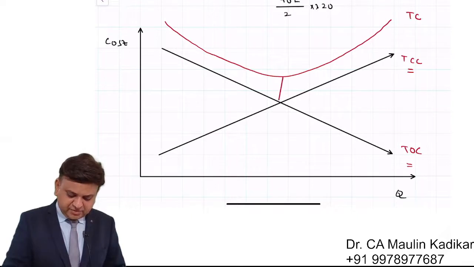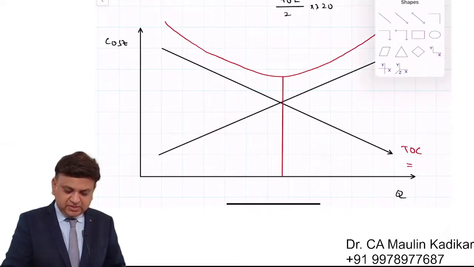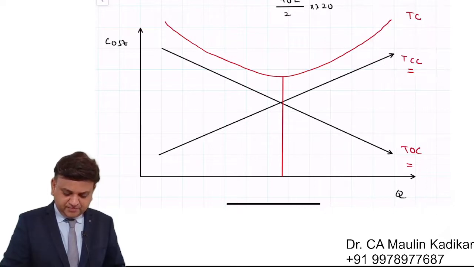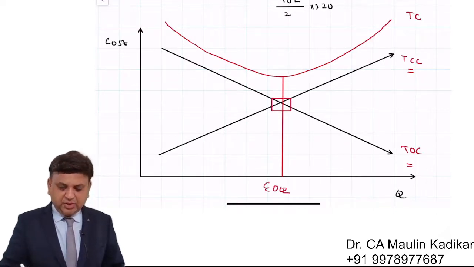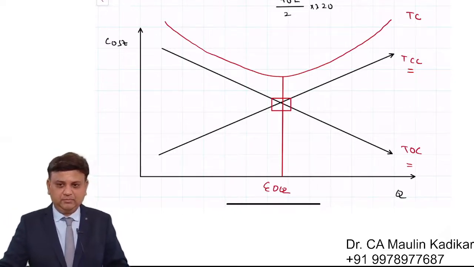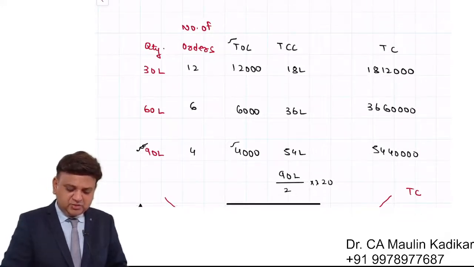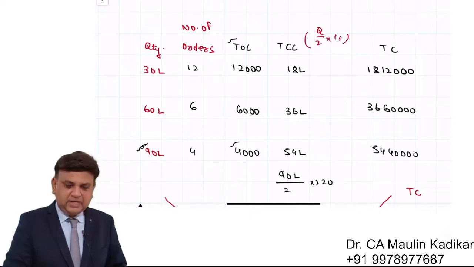This is the point at which we are having the least expenses. And this point of the intersection is given a name as EOQ, economic order quantity. So this is the way we are having the formulas to be calculated. It is Q divided by 2 into CI and so on.